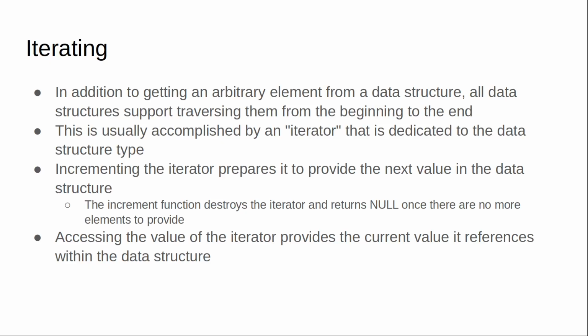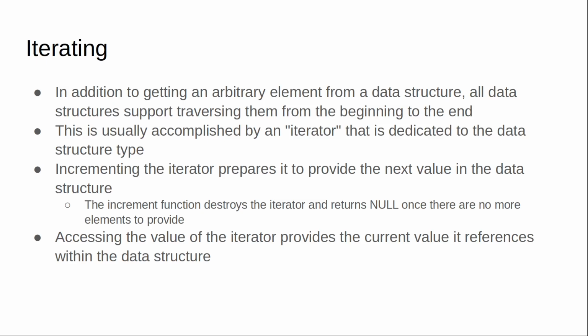Okay, iterating. In addition to getting just any arbitrary element that we want out of a data structure, all data structures support traversing from beginning to end. You start at the start, you go to the end, you get through each individual one. There are different reasons why you would want to do this, but basically anytime you want to examine all of the elements of a data structure, you need some way to do this.